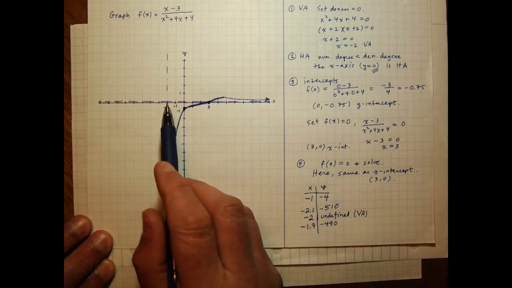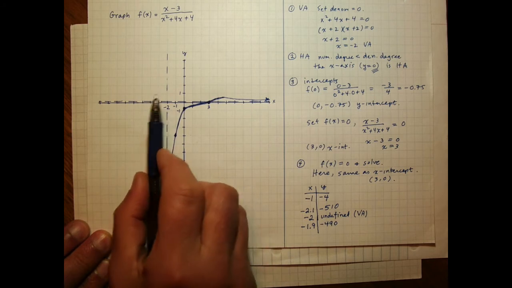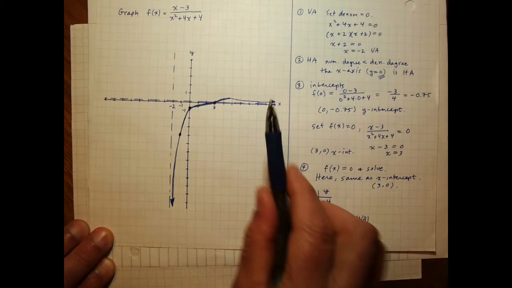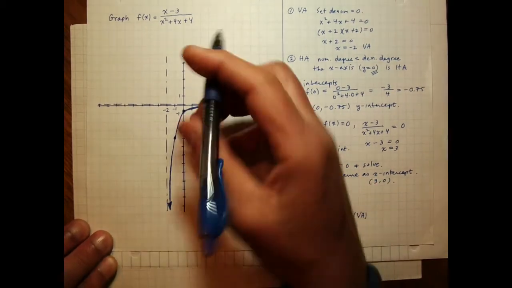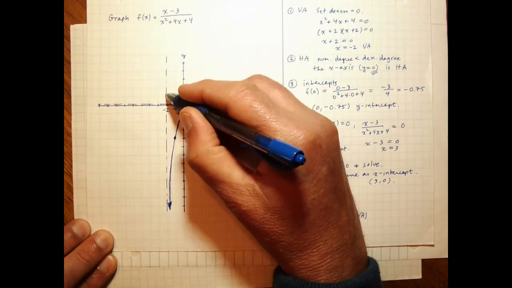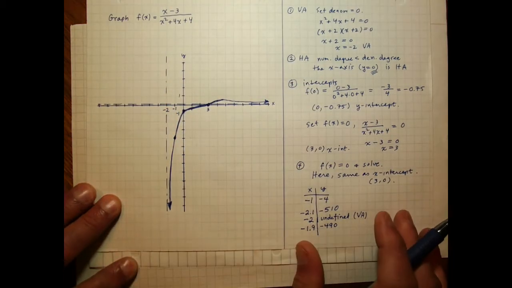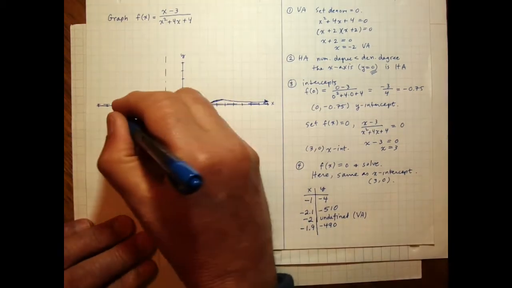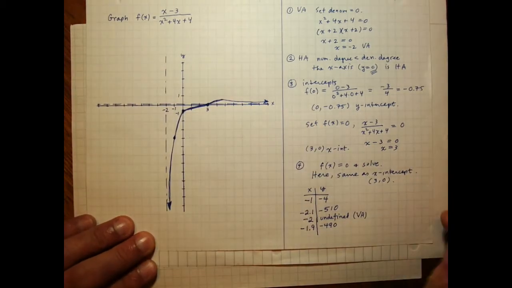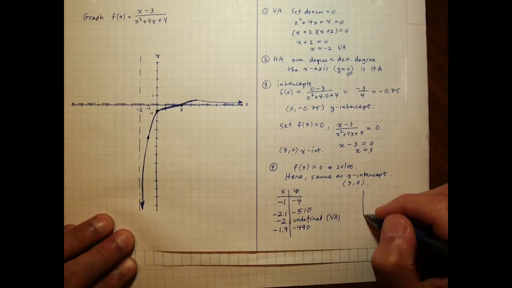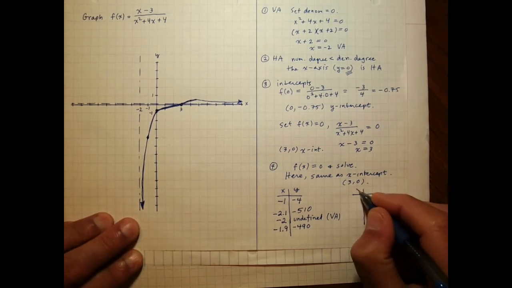So there should be a point plotted for every x value on your x-axis except where there's a vertical asymptote. The graph never crosses the vertical asymptote. So I gotta look at what's happening to the left of -2, and I'm going to make a little bit more room here for some more values.